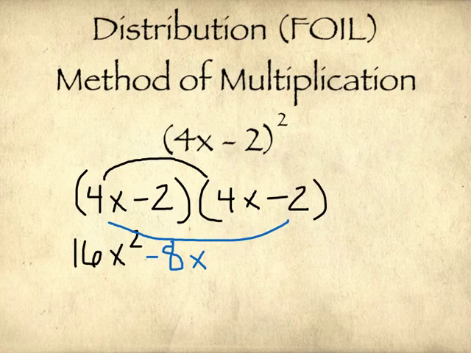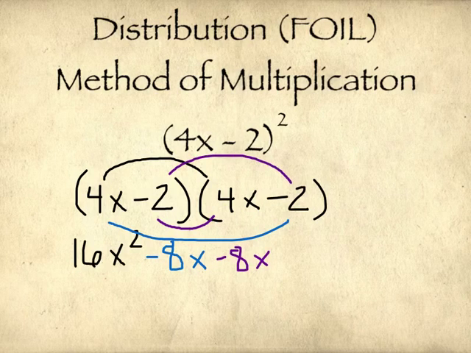The I in FOIL stands for inner, so we multiply together our inner terms. Negative 2 times 4x gives us negative 8x. And finally, L stands for last, and we'll multiply together our last terms. And when we do that, we will get negative 2 times negative 2, which is a positive 4.